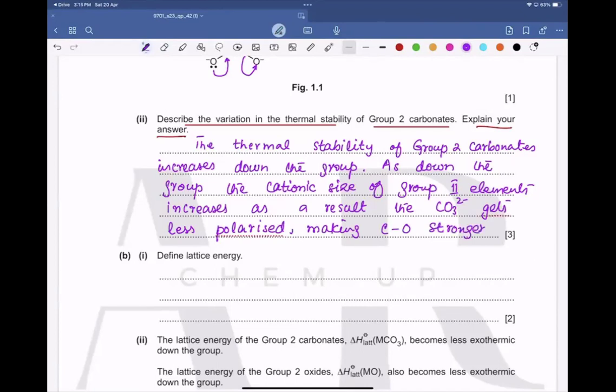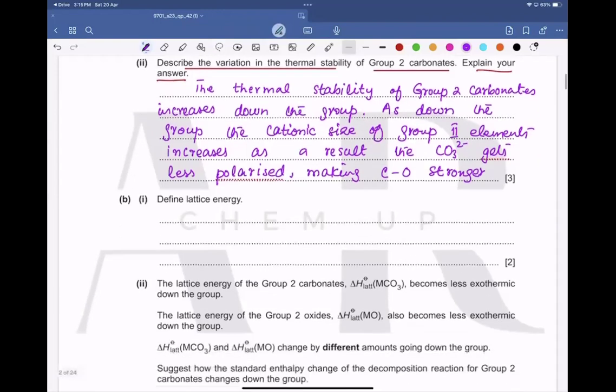And as the carbon-oxygen bond gets stronger, it's more thermally stable. Is this clear to all of you? If anyone of you has any query regarding this, please ask.